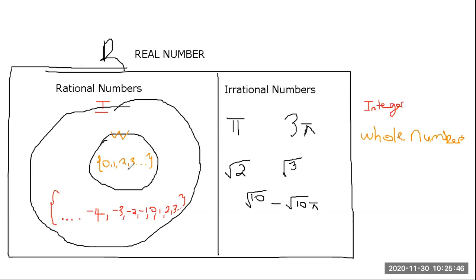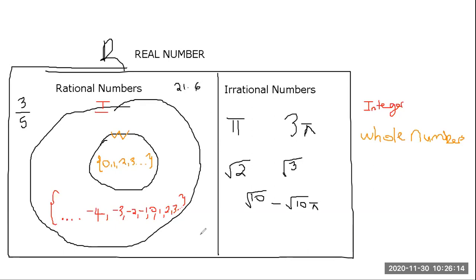Now, if we're looking at rational numbers, we're talking about all those decimal numbers that aren't whole numbers, aren't integers. So for example, 3/5. We know if we put that in the calculator, it's going to give us a decimal form. 21.6.